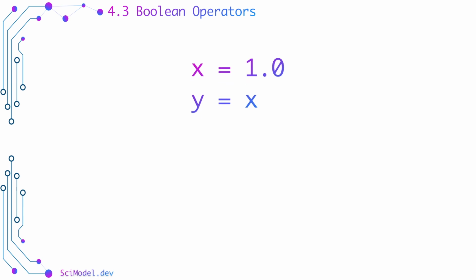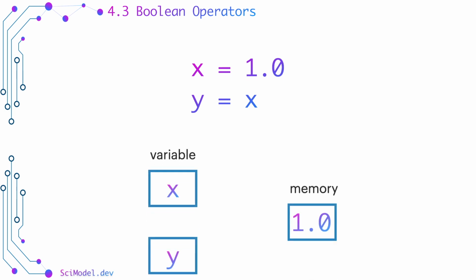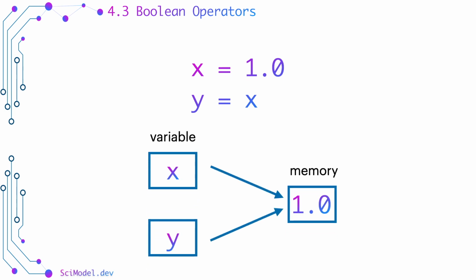Another method is to assign a variable to another variable. For example, creating a new variable called y and assigning it with the variable x will force the variable y to point to the same object, with value 1.0. Therefore, assigning a variable to another creates an alias which points to the same object value.